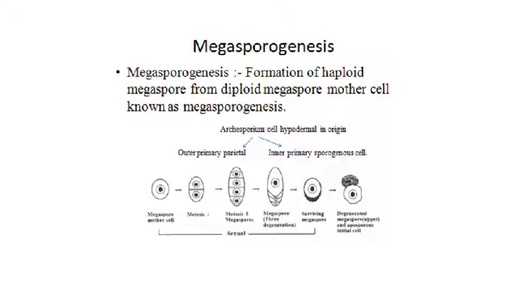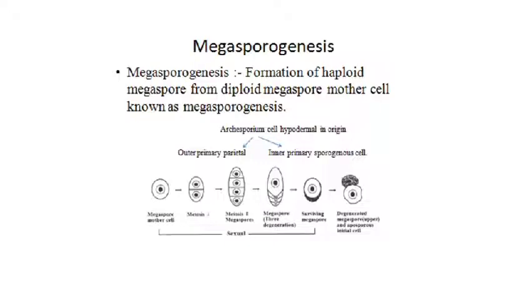See here in the diagram, this is a diploid megaspore mother cell. This megaspore mother cell undergoes meiotic division and forms haploid 4 megaspores. They are arranged in a linear tetrad.